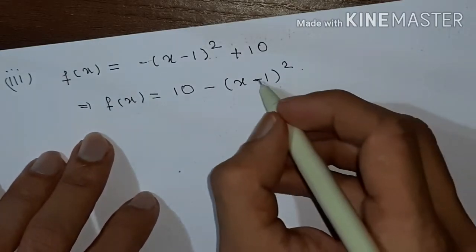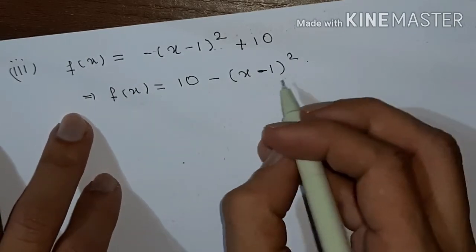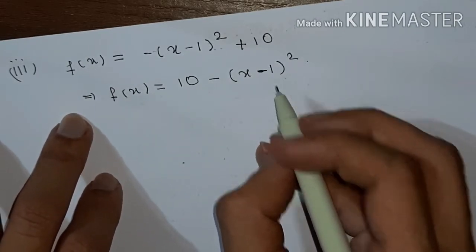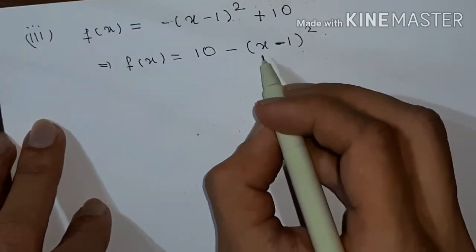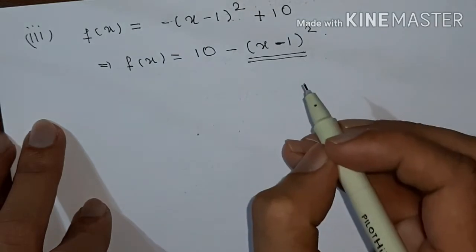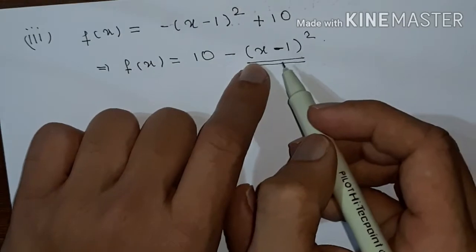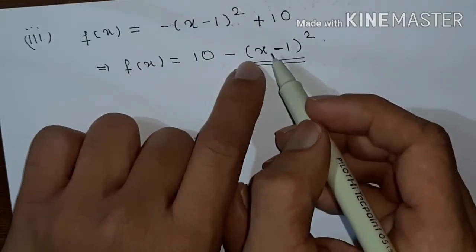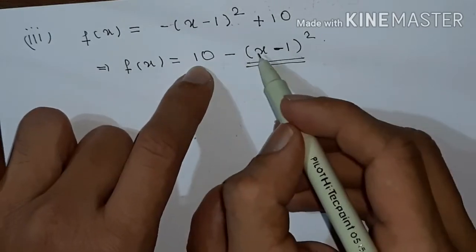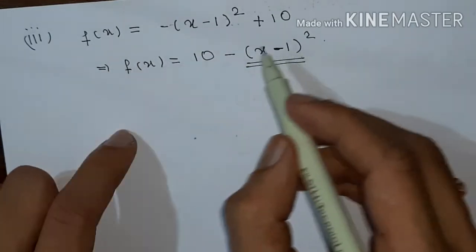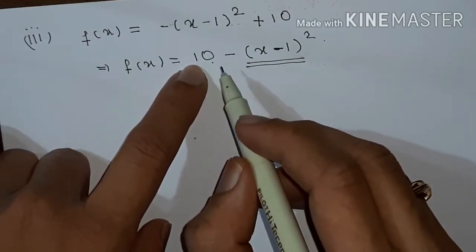If you look at this function now, this function will have a maximum value. Why? Because if this is non-zero, you will get 10 minus that non-zero quantity, so that will be something like 9 point something, which is less than 10.